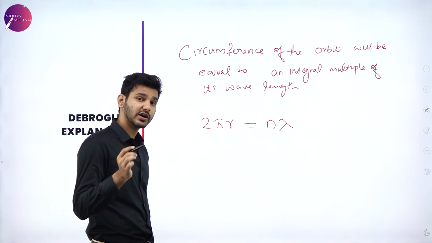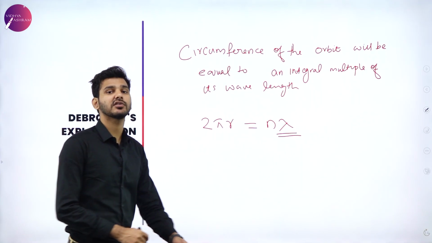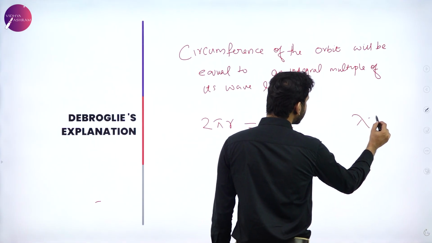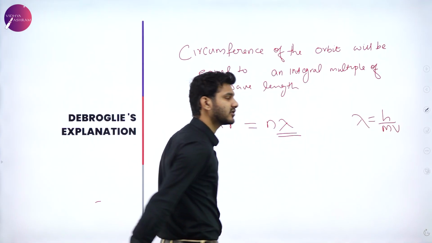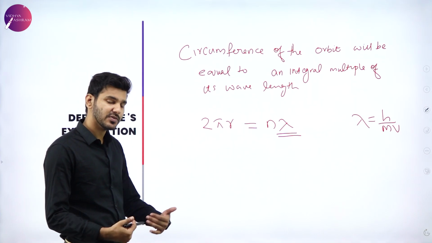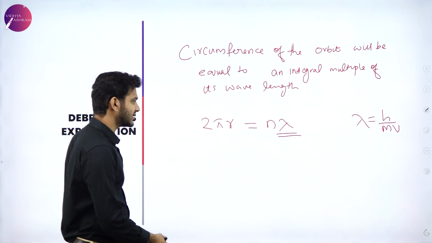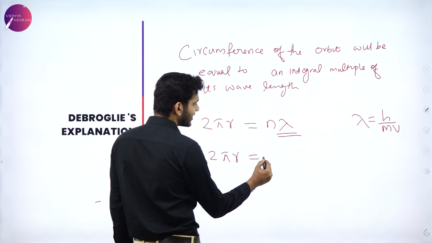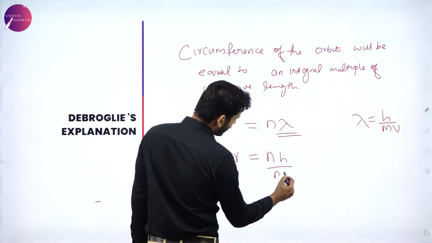But we do know one more thing: according to de Broglie, there is an equation for the wavelength, which we learned in the previous chapter. That is, lambda is equal to h by p, or h by mv, according to his particle wave hypothesis. So we can see that 2 pi r will be equal to nh divided by mv.